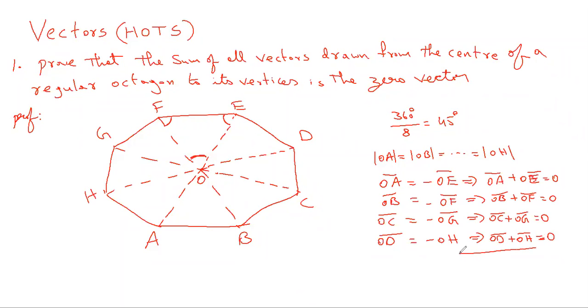So if you add all of them, OA plus OB plus OC and so on plus OH equals 0, and that's what they're asking us to prove.